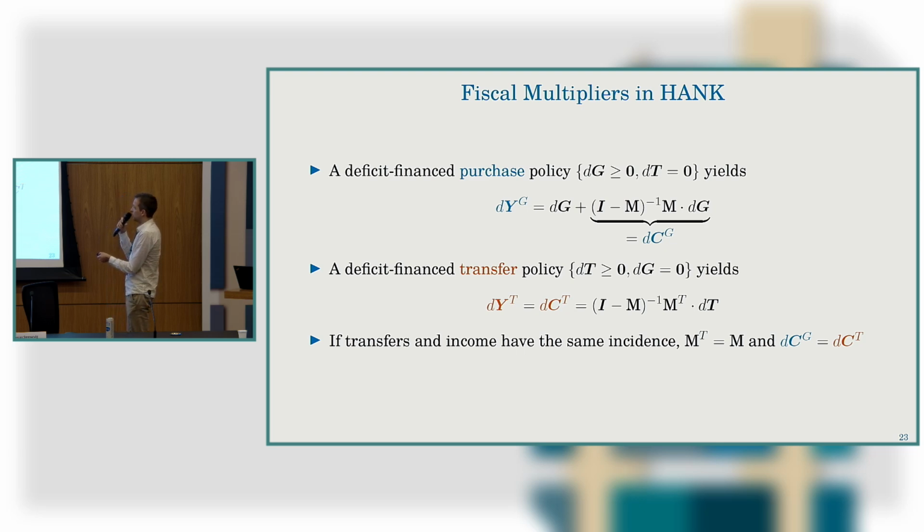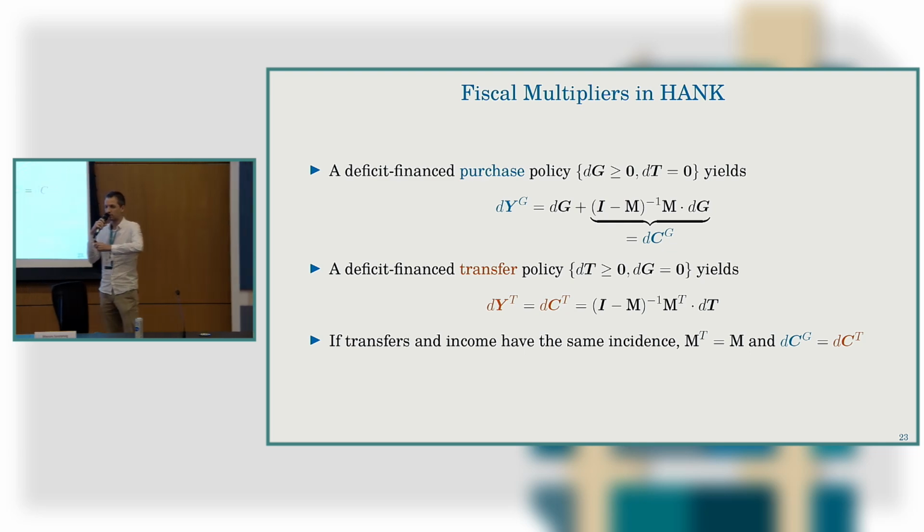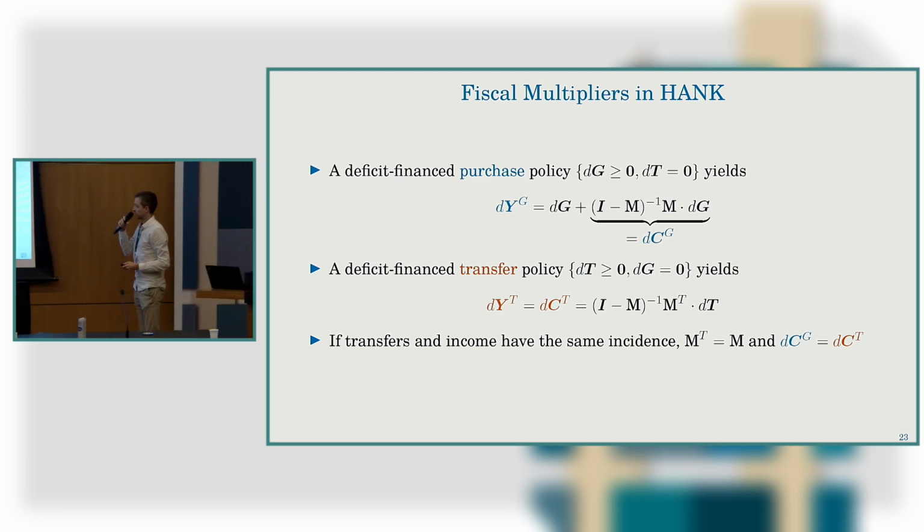And it turns out that you just have to compare these matrices M and MT, M being the response of consumption to a change in income, MT the response of consumption to a change in transfers. In this model, if the two matrices coincide, the response of consumption following transfers is the same as the response of consumption following purchases.